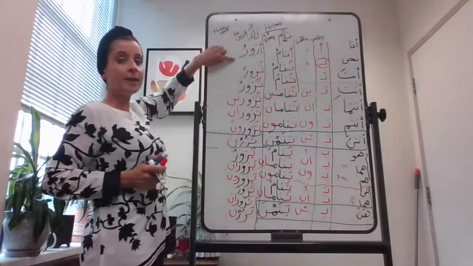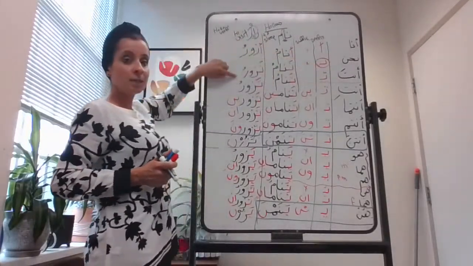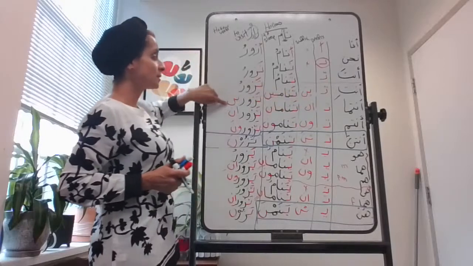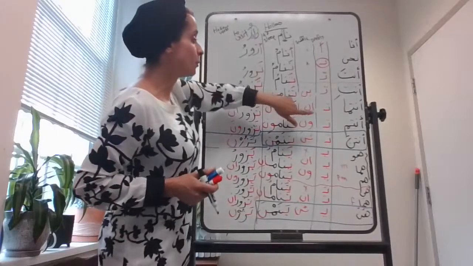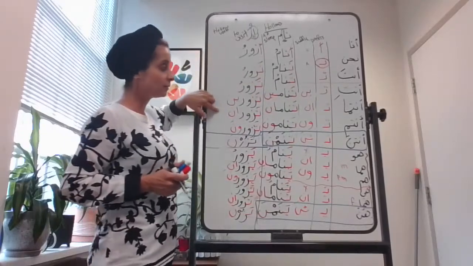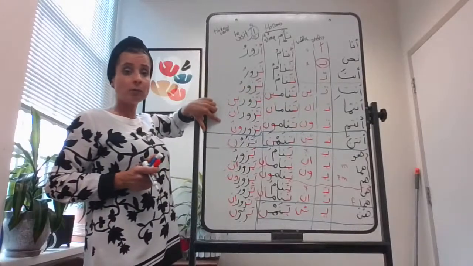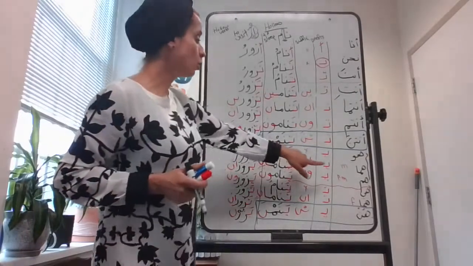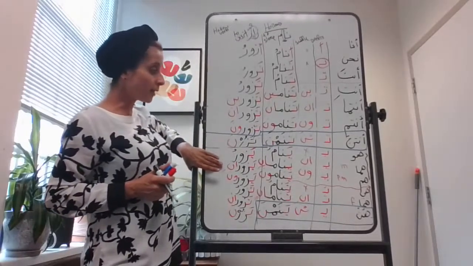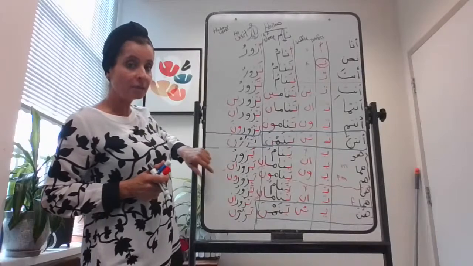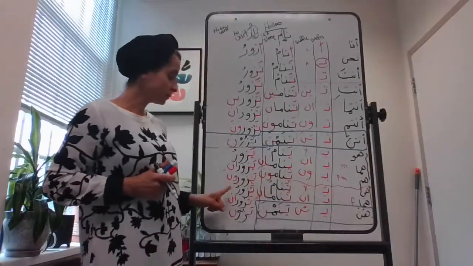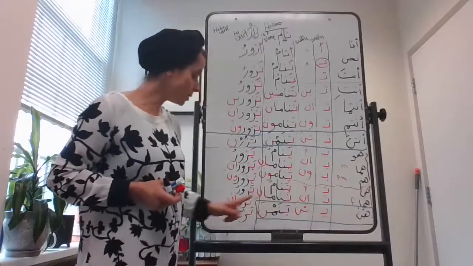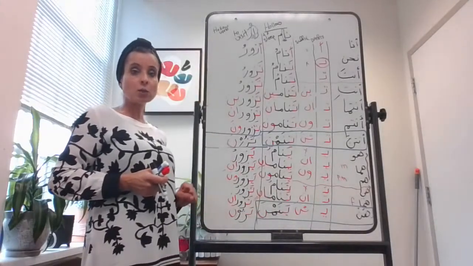So ana azuru, nahnu nazuru, anta tazuru, anti tazurina, antuma tazuran, antum tazuruna or tazurun, antunna tazurna, huwa yazuru, huma yazuran, hum yazuruna, hiya tazuru, huma tazuran or tazurani, and hunna yazurna.